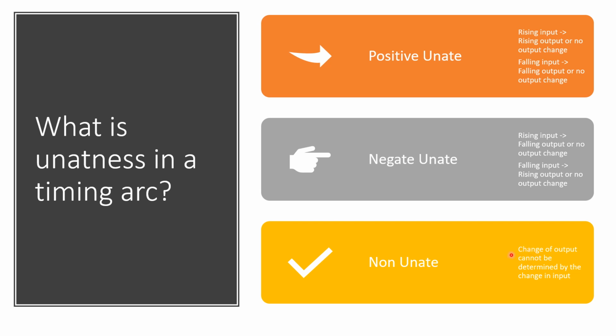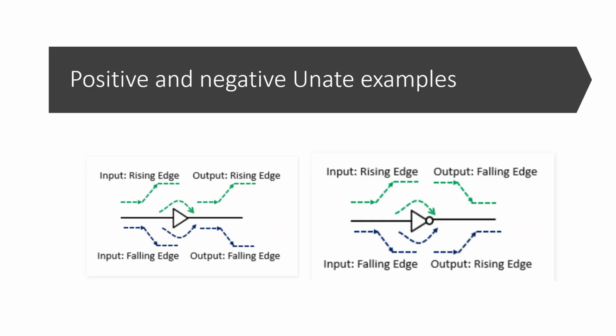So let us see the examples for all the different types. A good example for a positive and a negative unate is a buffer and an inverter. So what happens in a buffer? A rising edge on an input causes a rising edge on an output, so it's positive unate.